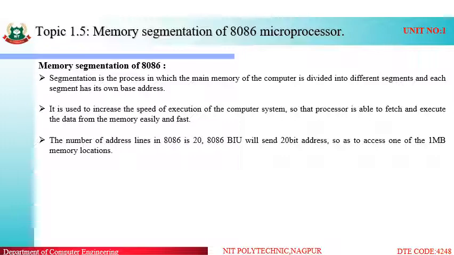Suppose there are two address lines; how can we calculate the total memory? 2 to the power of 2 will be 4, so 4 bytes. Similarly, in 8086 we have 20 address lines, so 2 to the power of 20 comes out to be 1 megabyte of memory locations. 1 megabyte means how many kilobytes? 1024 kilobytes.